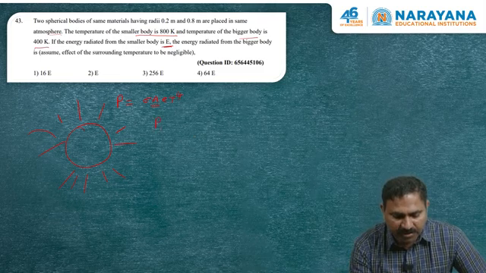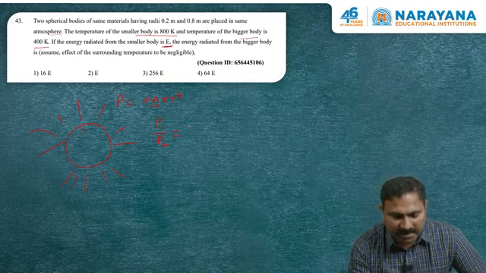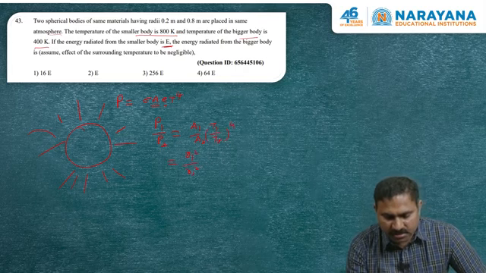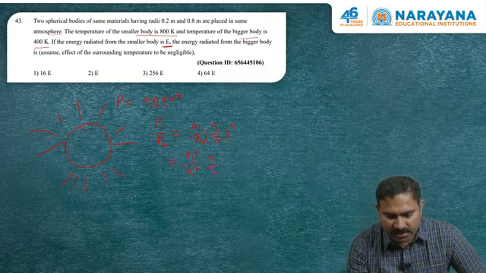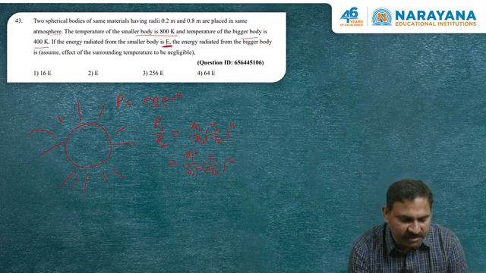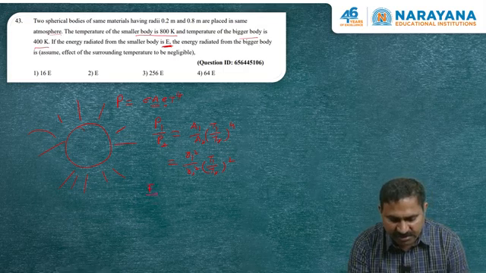Now P1 by P2 comes out to be sigma and E both are common for both, A1 by A2 into T1 by T2 power 4. A1 by A2 can be written as R1 square by R2 square. Similarly, T1 by T2 whole power 4. Now it is given E is for the smaller body, and we are asked for the bigger body. Suppose it is E, we need to find the value of E prime.